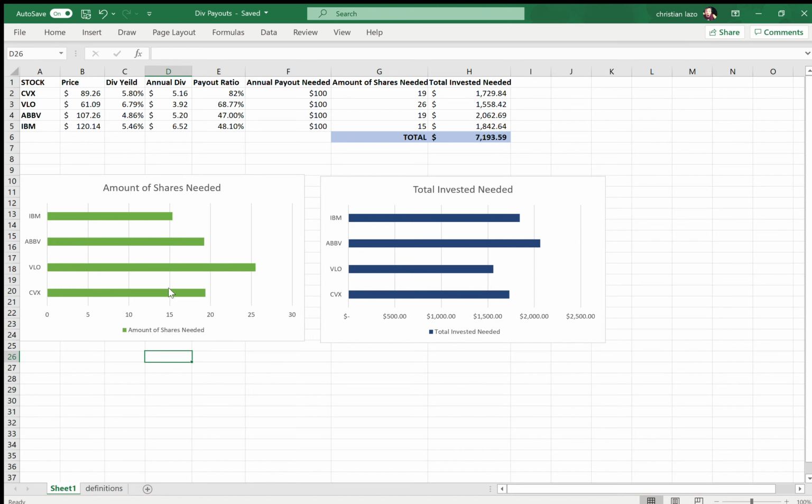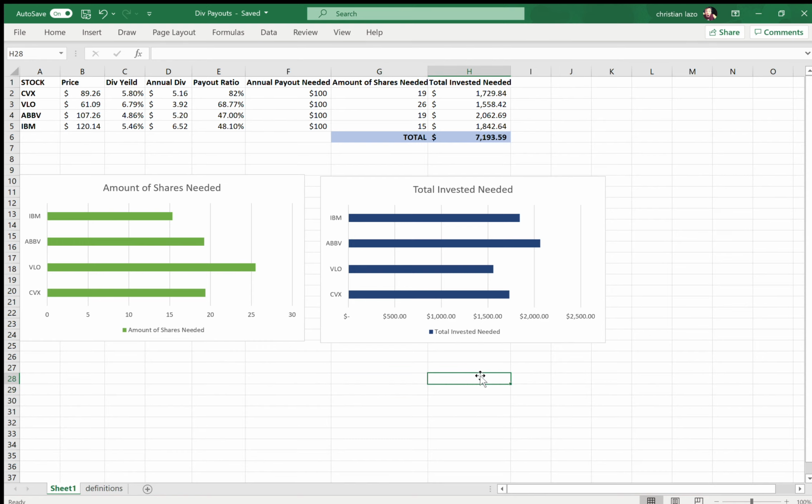I got the graph right here, which automatically adjusts to my table up here. The reason why I have these graphs is to have a visual representation of how much I need and which stock needs the most. Also because I just think graphs are pretty cool. And I like to look at them, and it makes me feel fancy.